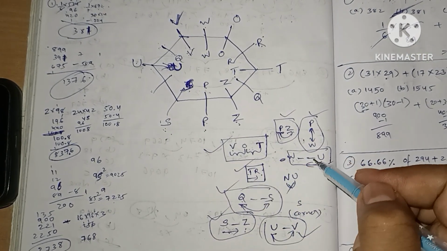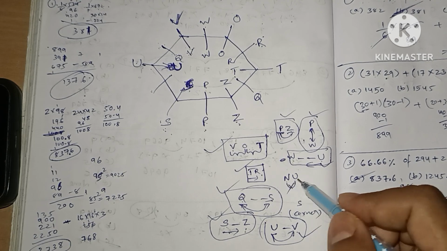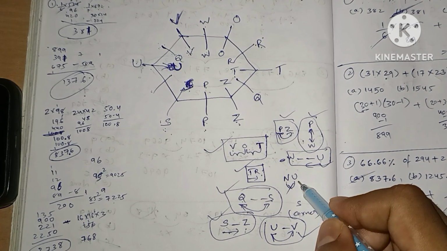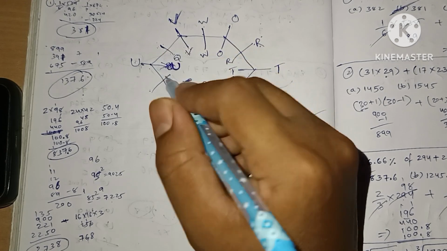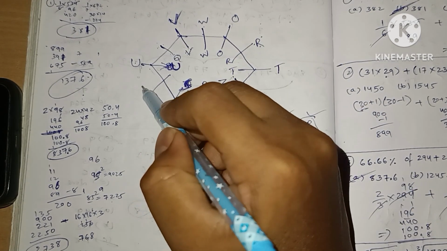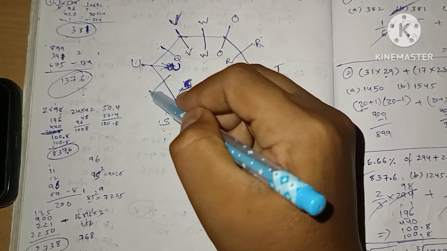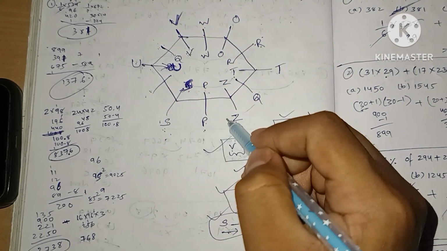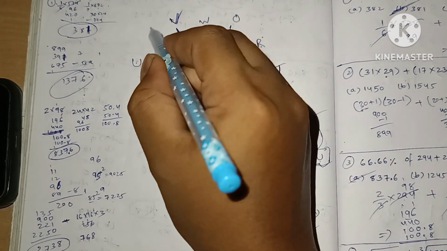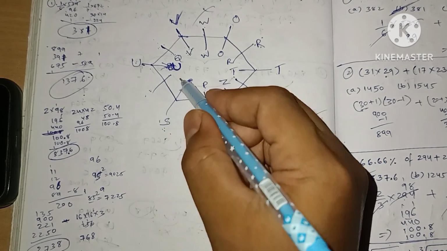This also completed. We are left with only N, and N and U must not be adjacent. Here in the outside puzzle, N and U not being adjacent means we cannot place N here. Is there any place left outside to place N? No. So the outside possibility fails.